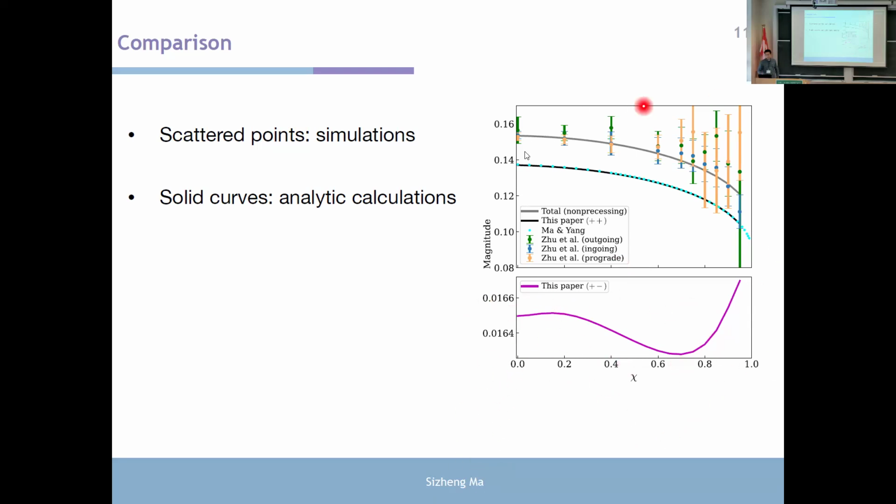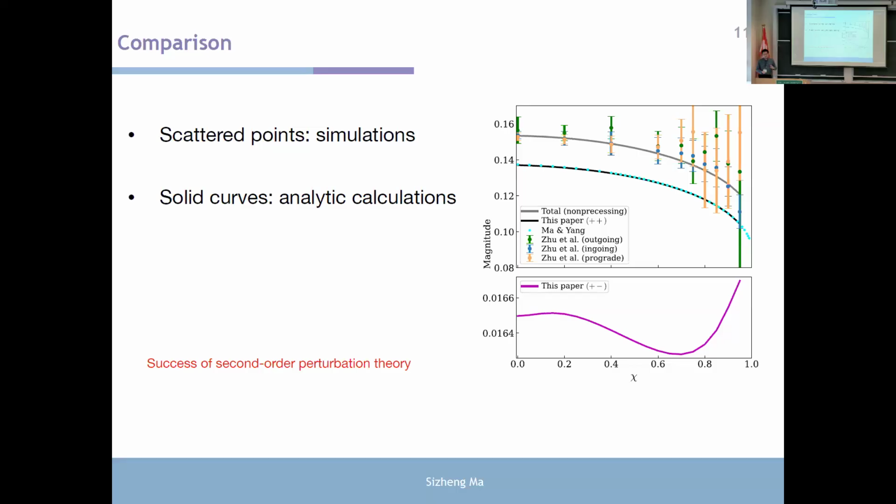Meanwhile, those scattered points with error bars are measured from those numerical experiments. You can see that both of them agree and follow the same spin dependence. This comparison gives a good example to demonstrate the success of black hole second-order perturbation theory.